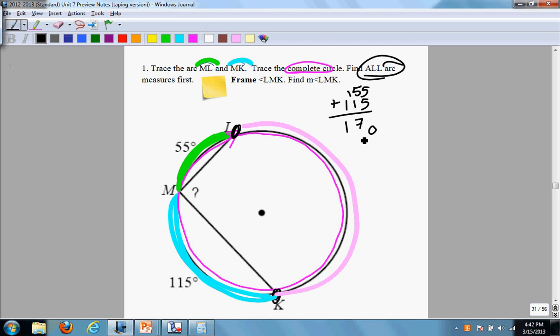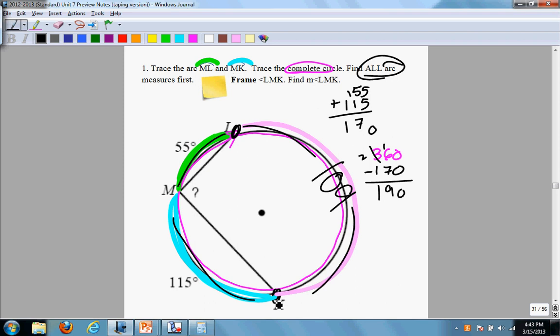We get 170. And we know an entire circle is always 360, so we're going to subtract that 170. And we get 190 degrees. Now you check. Have you found all the arcs? We only have 3 of them. 1, 2, 3. Good, we're done.